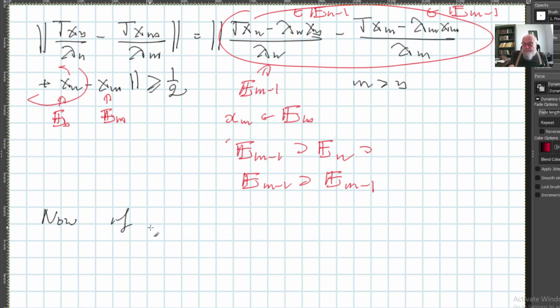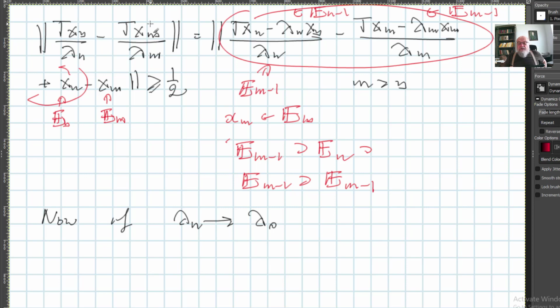So now, if lambda n converges to lambda 0, so it's a sequence that converges somewhere, you can see by the convergence that there is a contradiction.